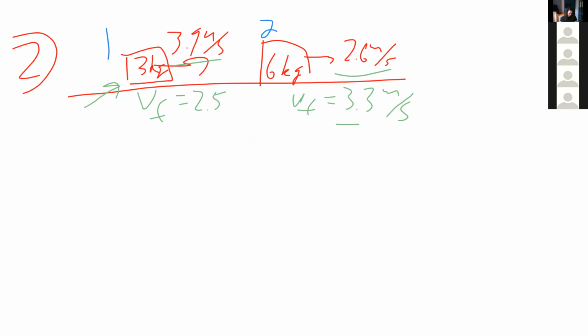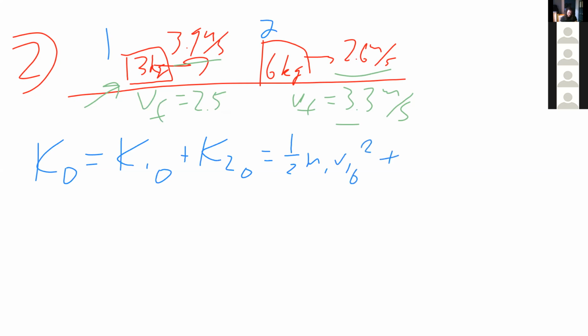So my initial kinetic energy will just be the kinetic energy for the first block initial plus the kinetic energy for the second block initial, which will be 1/2 m1 v1 initial squared plus 1/2 m2 v2 initial squared.